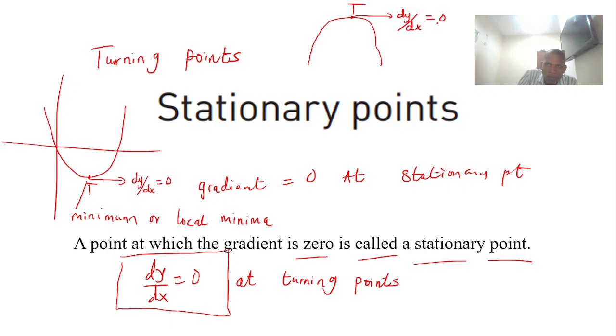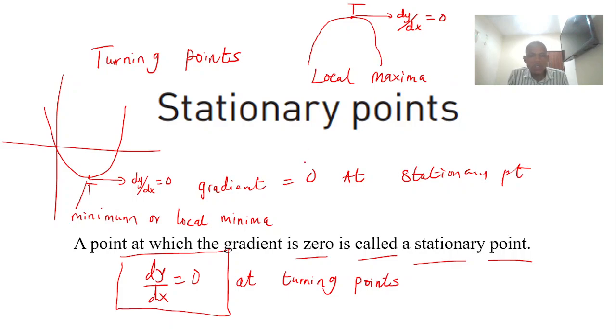Take note, very important. This one is called a maximum point, because it's above, whereas a minimum point is below. So my turning point here is called a maximum point, or we call it local maxima.